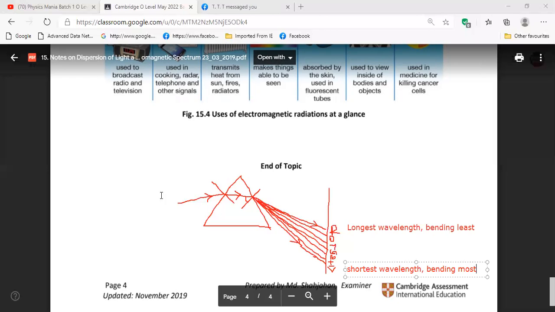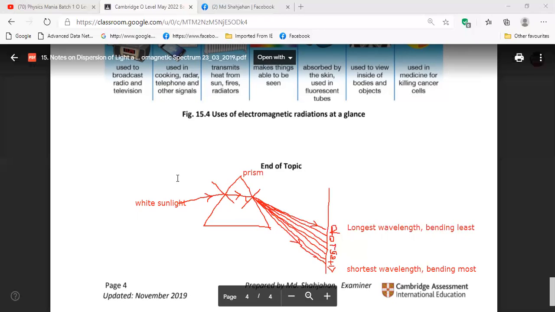This one is white light, white sunlight. Then this one is the prism.